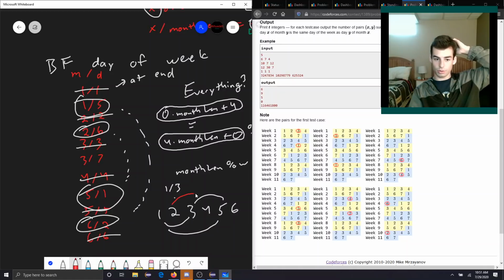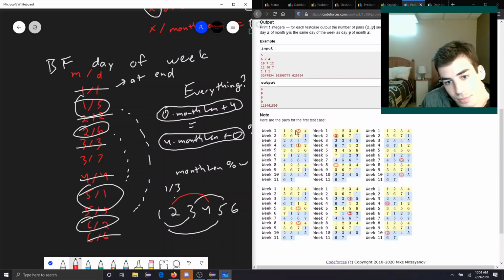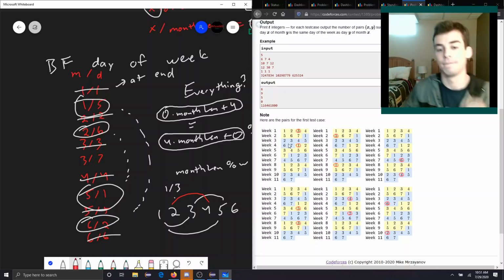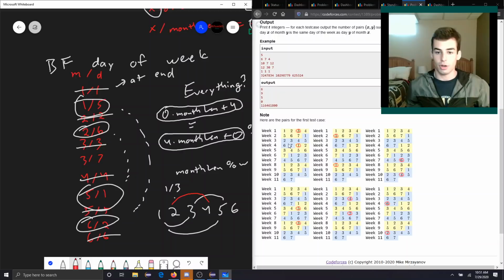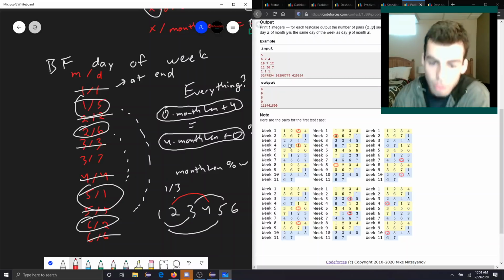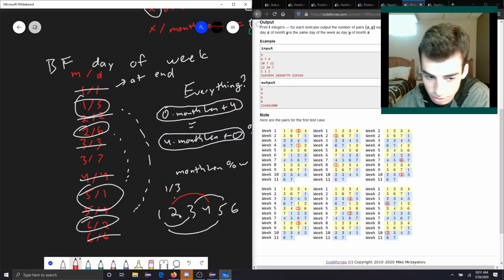Yeah, 2, 4 also works. 2 and 3 are always different days of the week, it looks like. Wait, that's not true. So why do we have these two groups? Wait, what about 2, 6? Does 4, 6 work? 4, 6 also works.